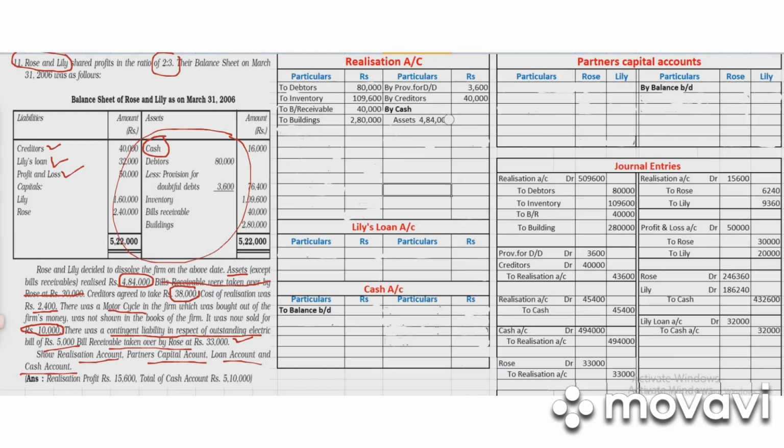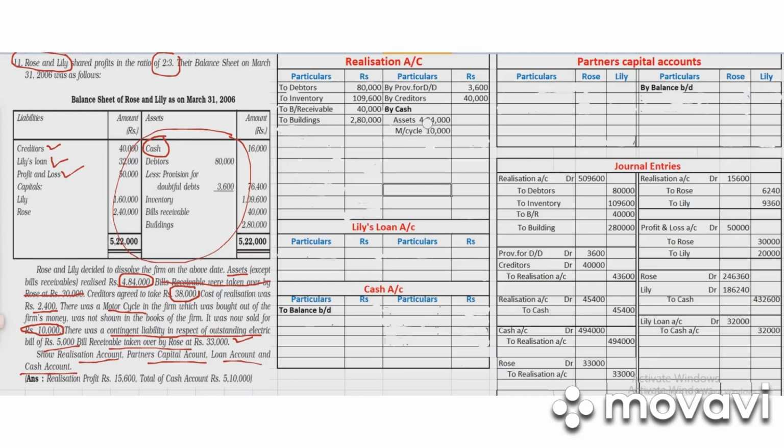So here, what are the items? First the assets of 4,84,000 which you have written. Then there is another item, this motorcycle. I told you the motorcycle is an unrecorded asset, but when it is sold in the market, we have to put the money. This 10,000 you put here, just below the assets, right? So assets are there, motorcycle is there, both bring cash, so we put them under cash.